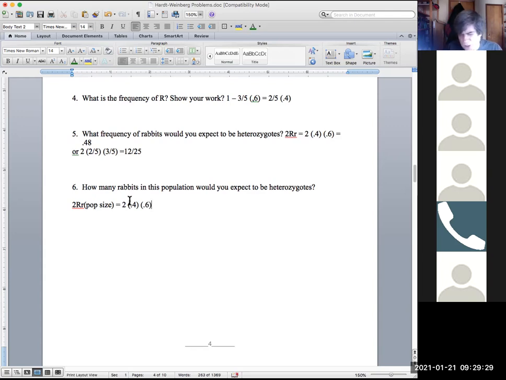So notice this part is going to be exactly the same as we had up above for 5, but what's our population size? 25 rabbits.